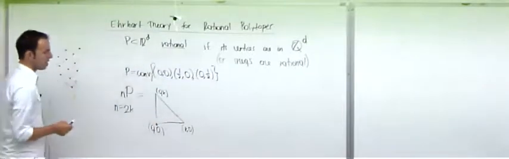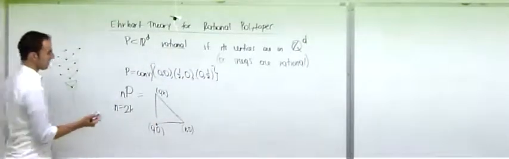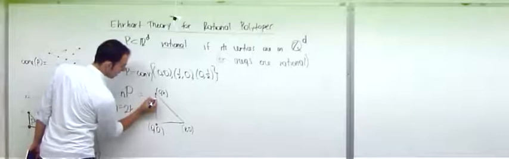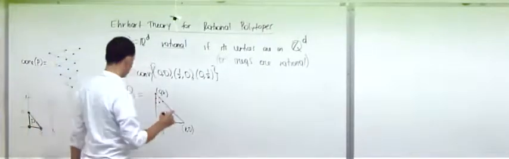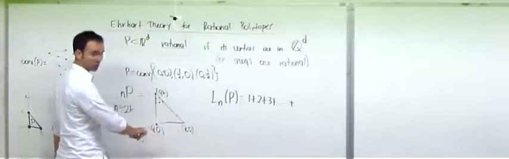Okay? And it's very easy to count the lattice points in here. You know, there's 1 in this level, 2 in this level, 3 in this level, and so on. So the number of lattice points is given by 1 plus 2 plus 3, ... and then the last level has k plus 1 points, right, between 0 and k.